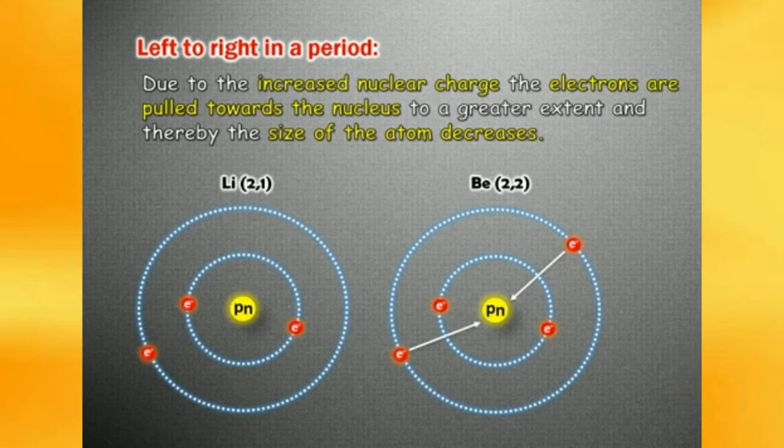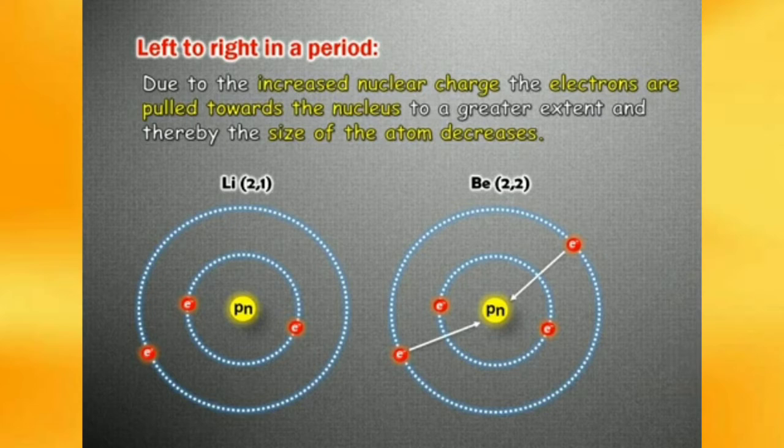We know that protons are positively charged and electrons are negatively charged. So there is a force of attraction. The nucleus will pull the electrons towards itself. So what will happen if it is pulling those negatively charged electrons towards the nucleus? The atomic radius will keep on decreasing.